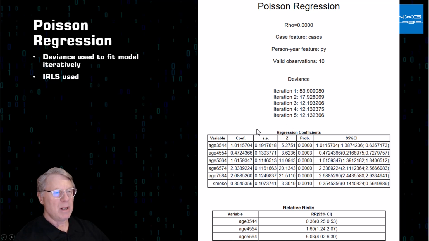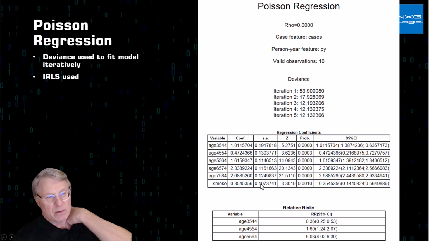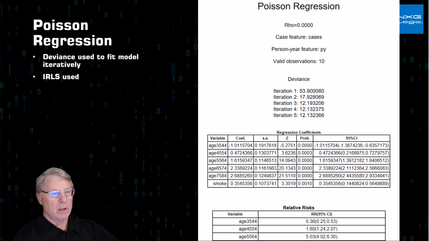This happened to be a model for the British doctors' lung cancer data, in which all these variables are binary 0-1 coded, just to pick off the specific age that the subjects were in, and then smoking 0-1. So you do exponentiate this coefficient to get the relative risk of the smoking coefficient.